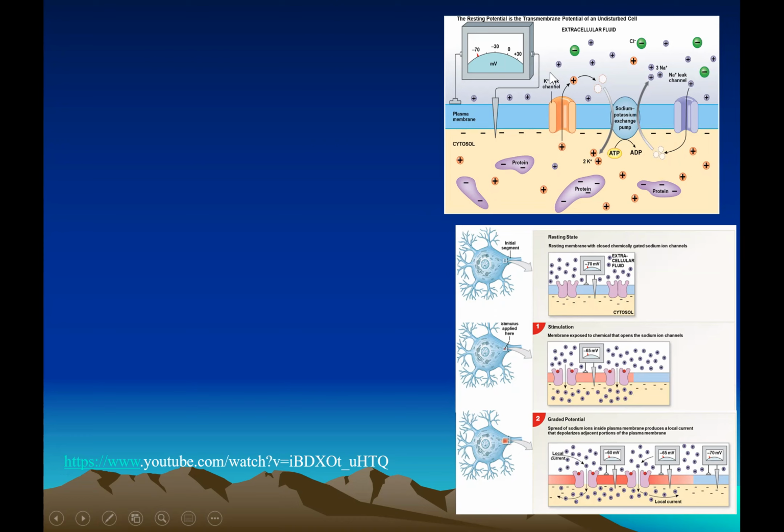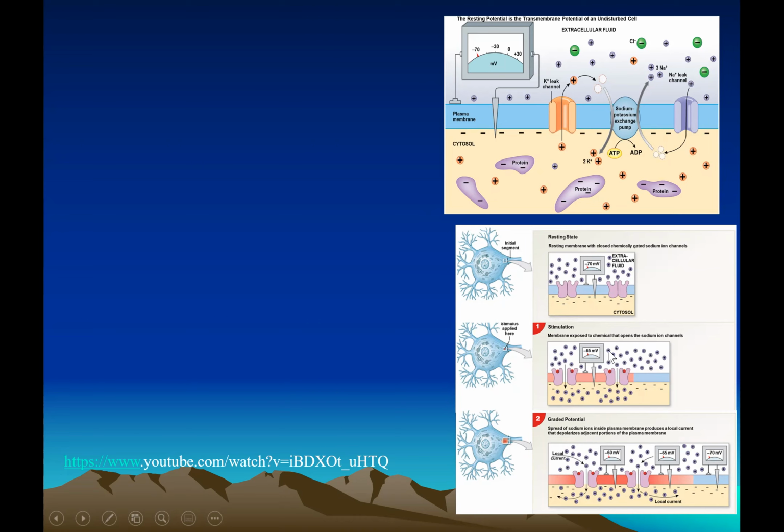The membrane potential refers to the difference in the electric potential between the inside of the cell and the outside of the cell. The resting membrane potential is negative 70. When it receives a stimulus, the ions will flood in because the sodium channels are open. That phenomenon is called depolarization.